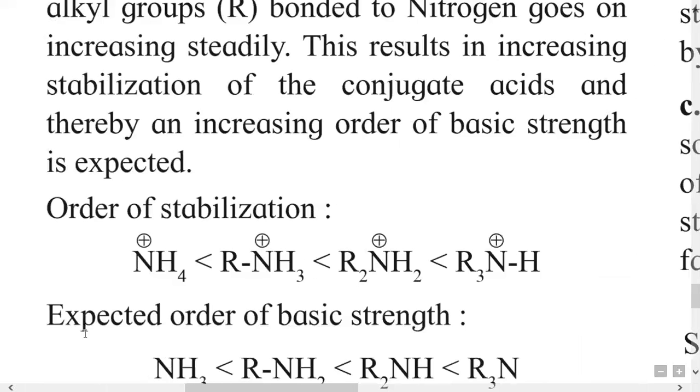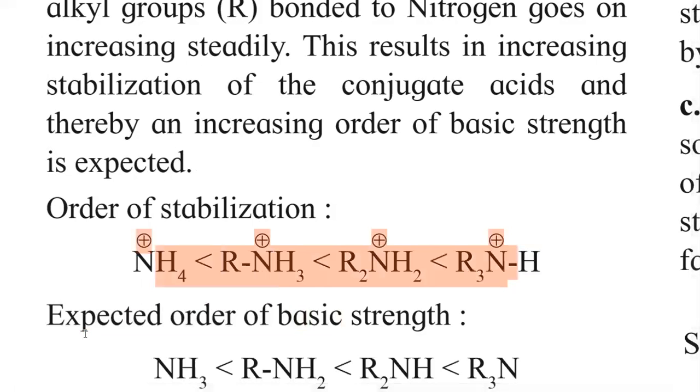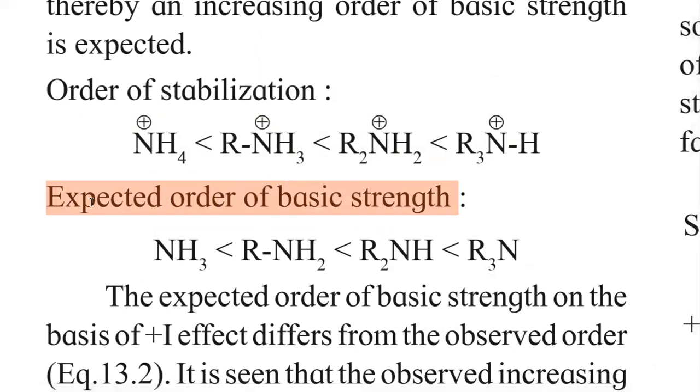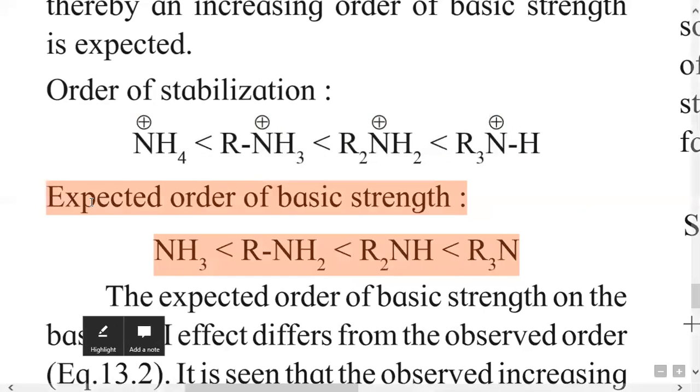Therefore, on the basis of stabilization of the conjugate acid, the tertiary is more stabilized than secondary, than primary, than the ammonium ion. On the basis of this stabilization, the expected order of basic strength of amines is: tertiary amines are more basic than secondary, than primary, than ammonia.